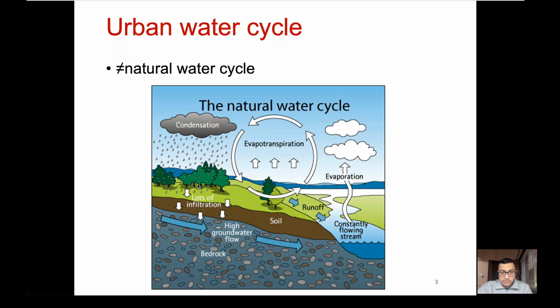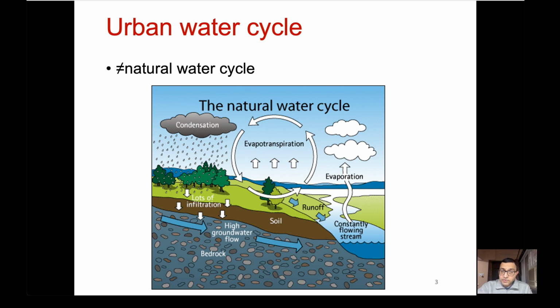That water infiltrates into the ground, into the soil, and then further into the ground, in the bedrock, and then the aquifers, and some of that water evapotranspirates, and then the surface runoff goes to the rivers and streams, and then the oceans. So this, in a very crude sense, is the natural water cycle.